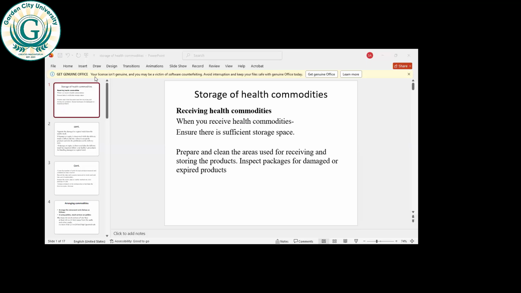So when we talk of storage of health commodities, as I indicated in our previous lectures, health commodities are delicate and complex.